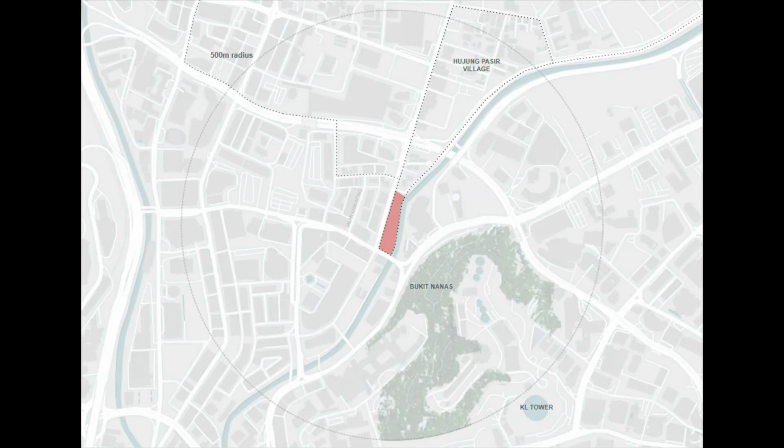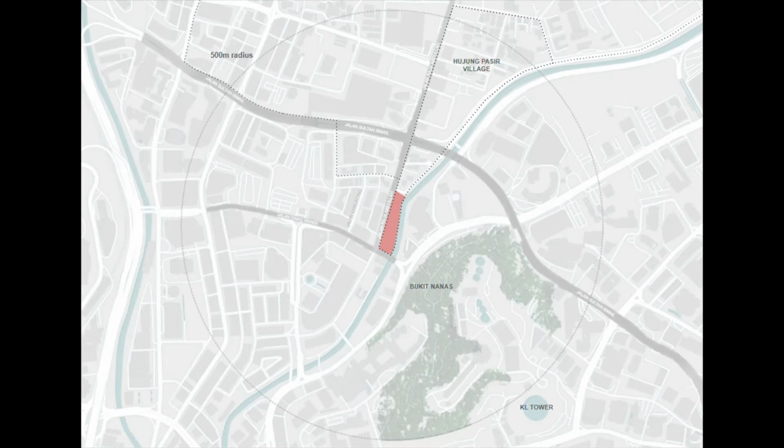Further looking into the 500-meter radius from our project site, the edges are formed by Jalan Sultan Ismail, Jalan Raja Abdullah and also Jalan Dang Wangi, separating Hujung Pasir village from its neighborhood village. We identified two nodes formed through the intersection of paths, which allowed us to decide our stop points for users to enjoy slow architecture.